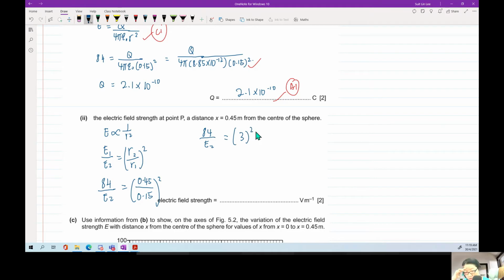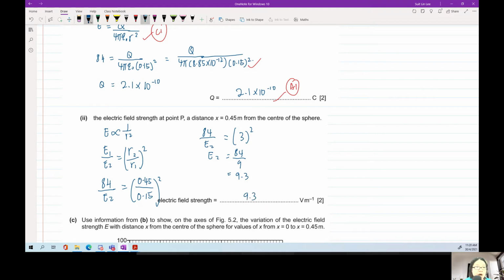Because 0.45 over 0.15 is 3. So divide. E2 will be 84 over 9. It's 84 over 9. Ding, ding. 9.33333. 9.3 volt per meter.